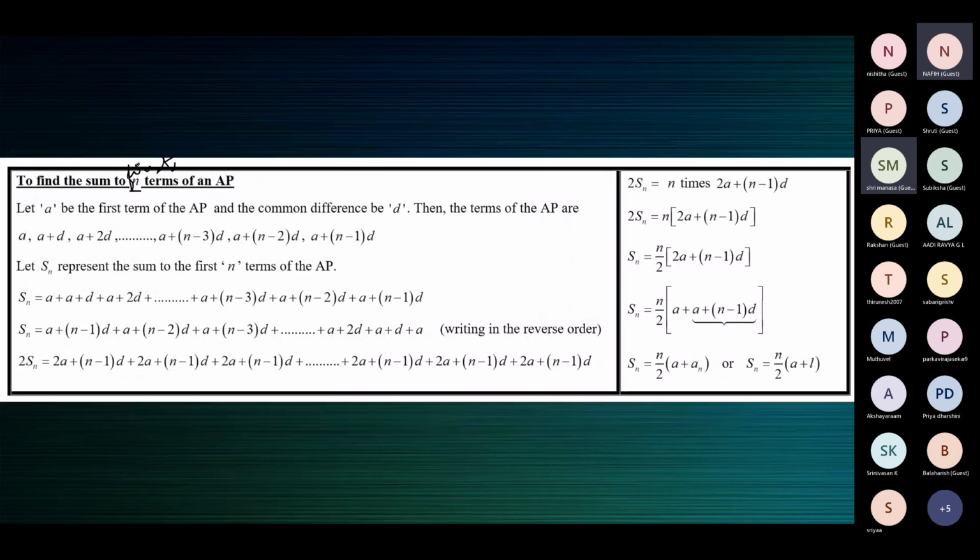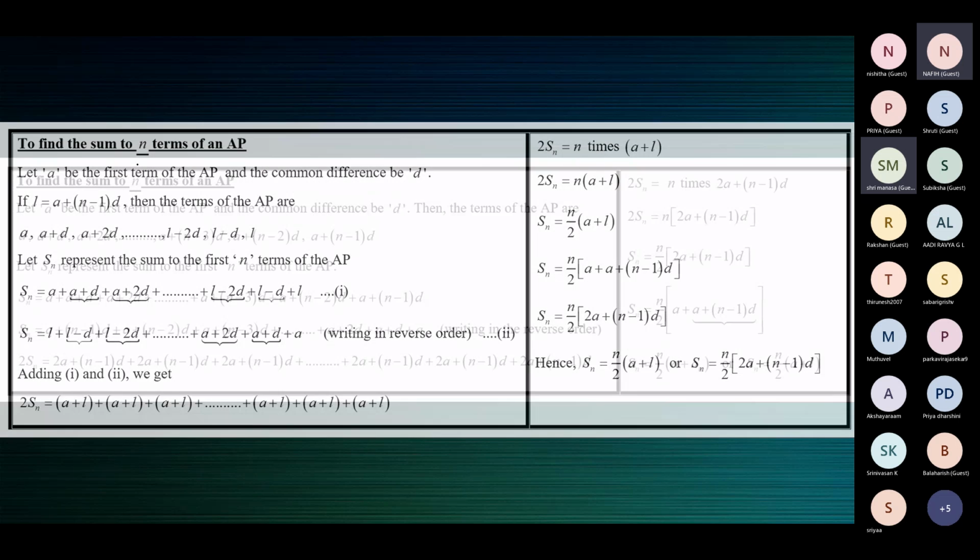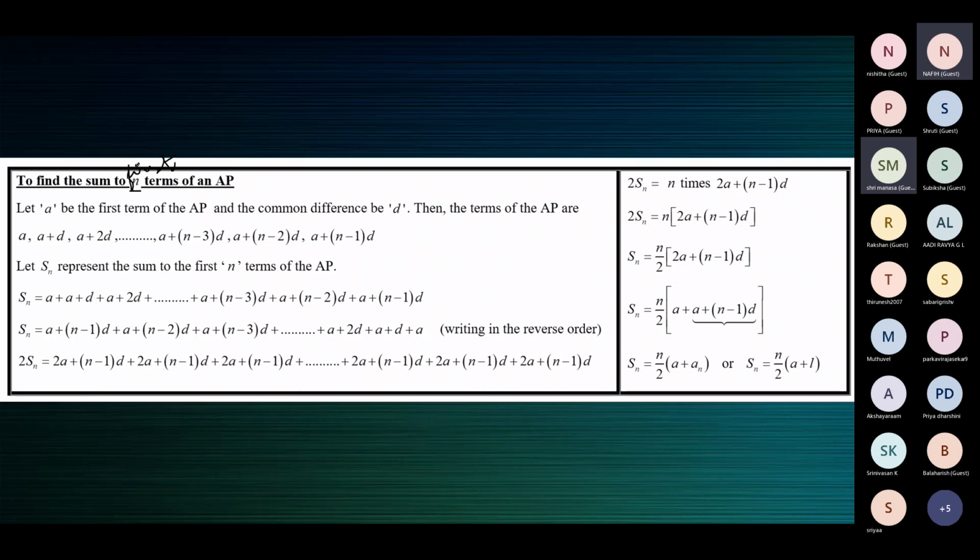It's another way of deriving, with some small changes. In fact, one small change. These are the two different ways you can present the derivation to find the expression for the sum to first n terms of the AP.